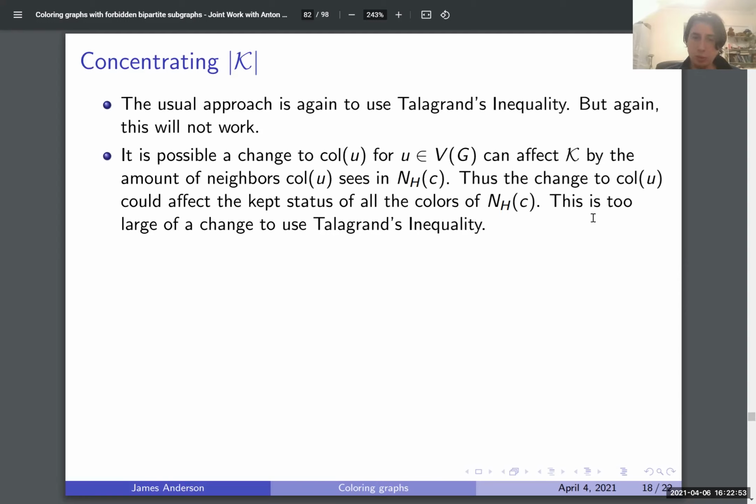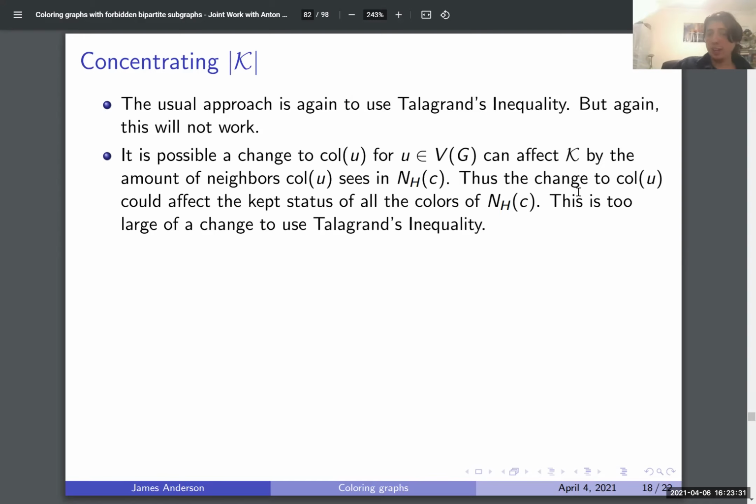And why? Well, it's possible that a change to the assignment of U can affect K by the amount of neighbors that it sees in the neighborhood of C. As opposed to the case with concentrating U, now we can imagine, okay, if you change the color assignment of a vertex U, so we change it from one vertex in H to another vertex, well, now it's going to affect everything it has an edge to in the neighborhood H of C. And it's going to remove all those colors.